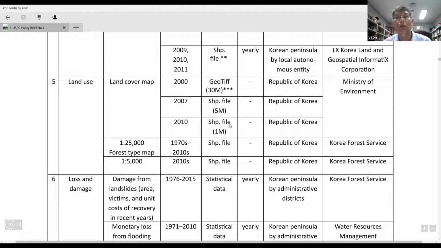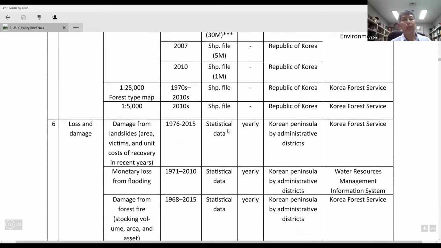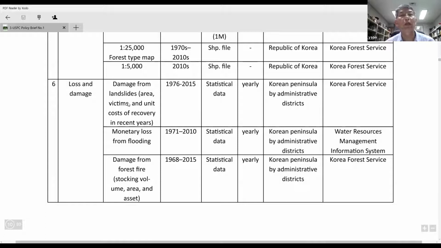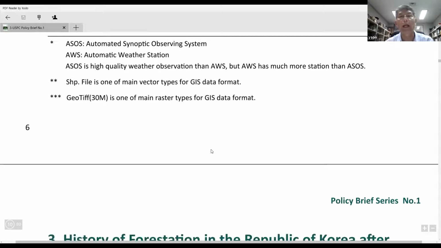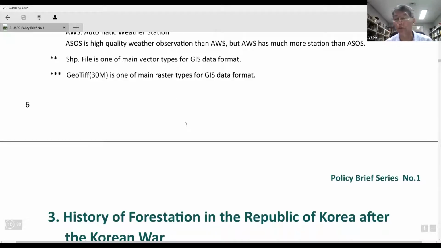In other words, you can pick a specific area to simulate the ecosystem services. Loss and damages: damage from landslide, area, victims, unit cost of recovery, monetary loss from flooding, damage from forest fire, like stocking volume, area, and asset. Okay, those are the data we used to run the model.